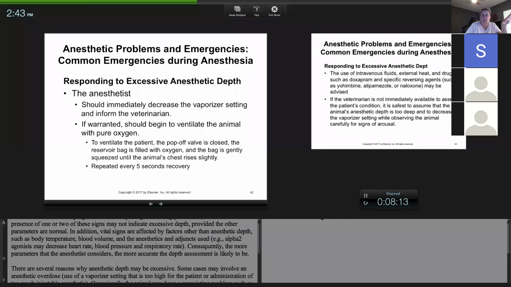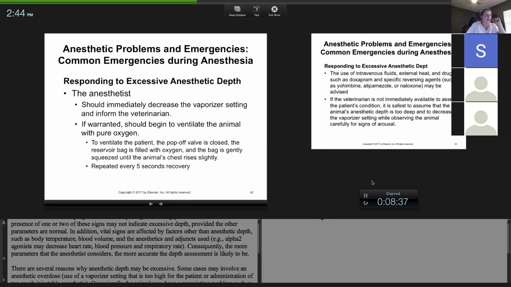So right now, if you hit the flush valve, you're going to dilute out the anesthetic in the system. That's going to be the fastest way, to hit that flush and flush out that anesthetic.